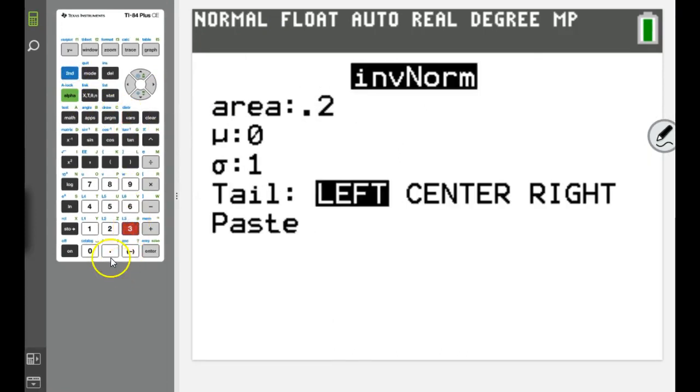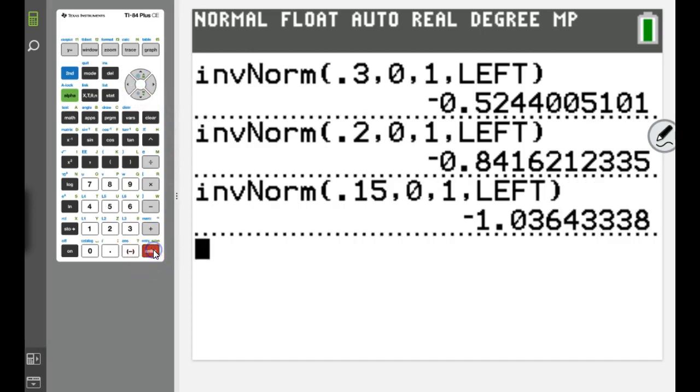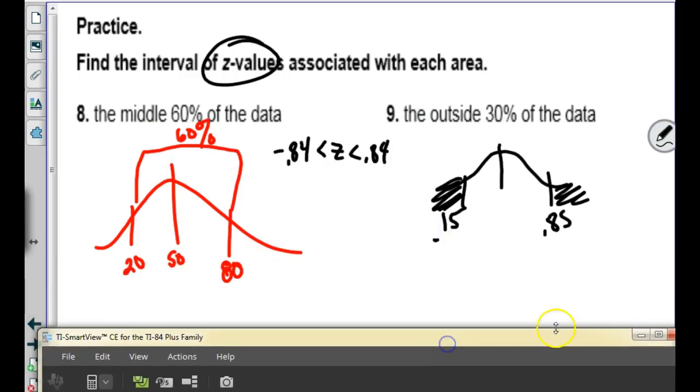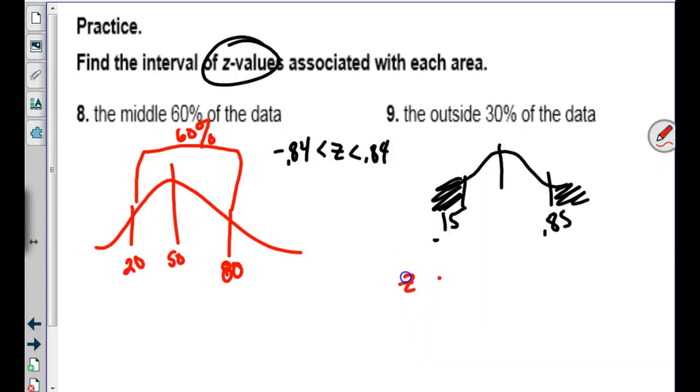Inverse norm, 0.15. That is negative 1.36, and the other one would give you positive 1.36. So here you would say I need a z-score less than negative 1.36 or a z-score greater than 1.36 to represent the outside 30%.